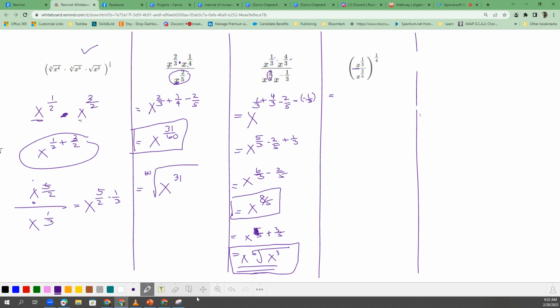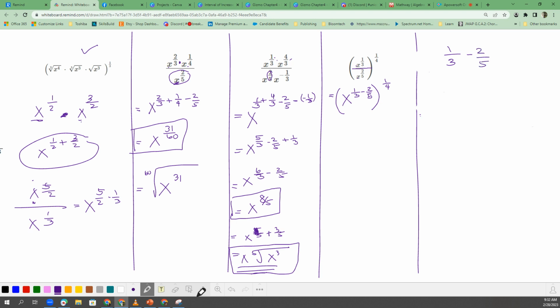Since this is a division and they have the same base, I need to subtract the exponents. So that's 1/3 minus 2/5, and all of that will be raised to the power of 1/4. Now I'm going to do the fraction subtraction.